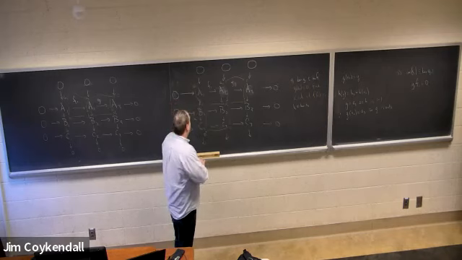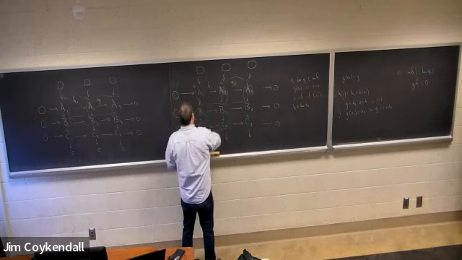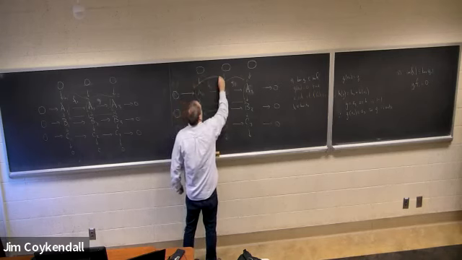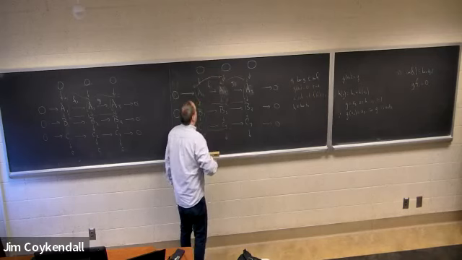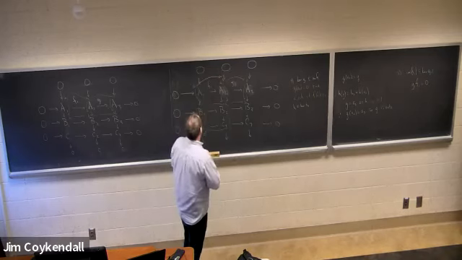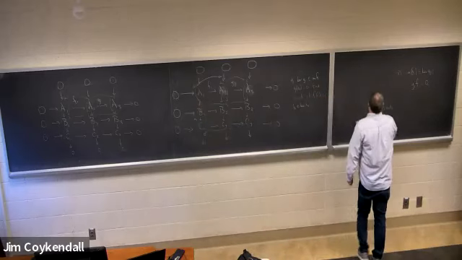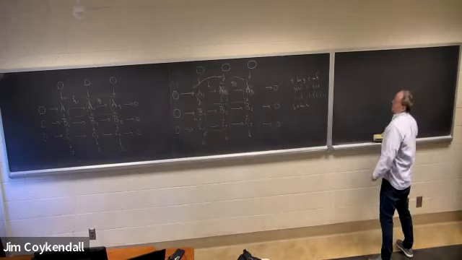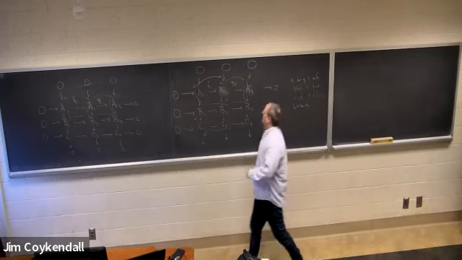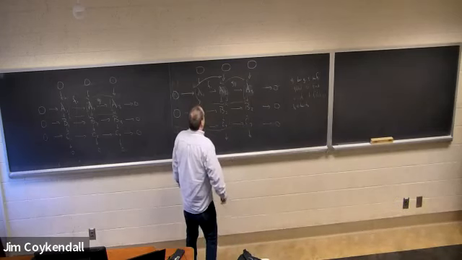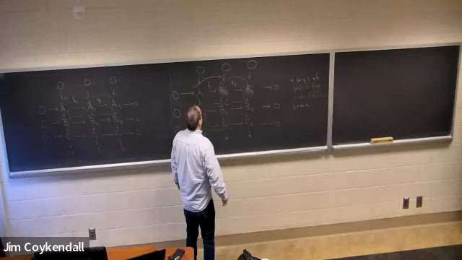Now, I guess the only thing I can really do is chase A1 over here, and I will. So A1 goes over here to X. Right. And where does X go?